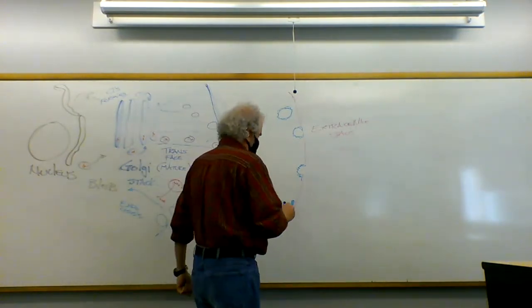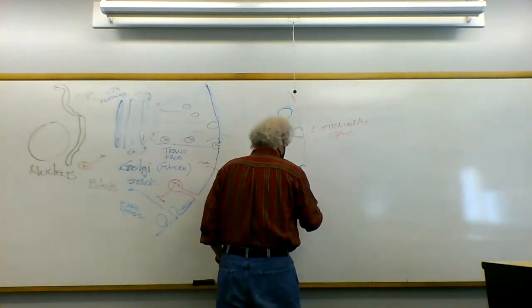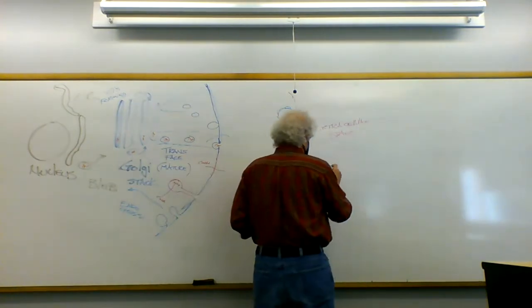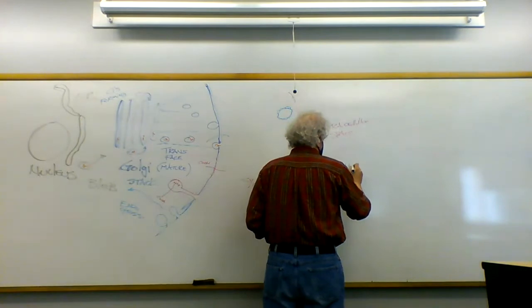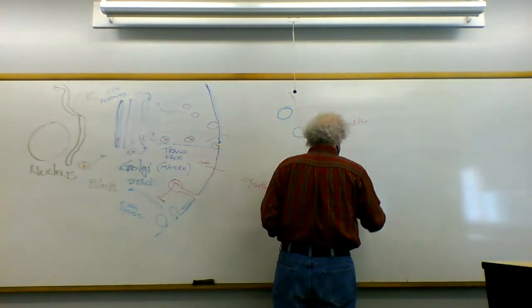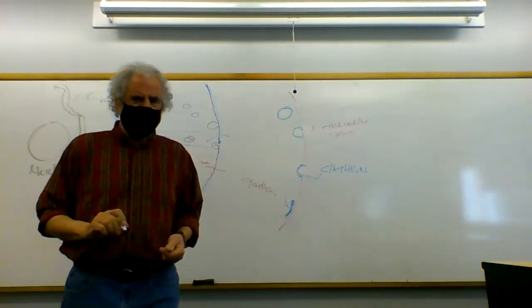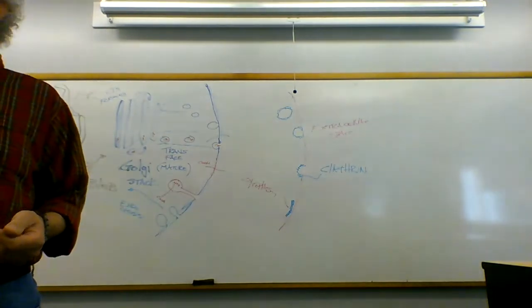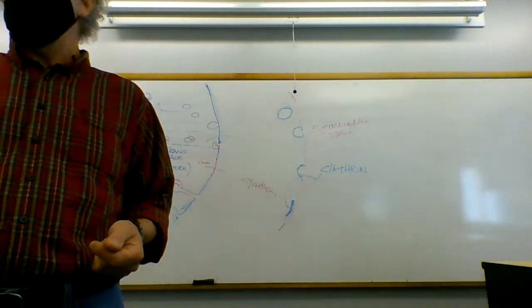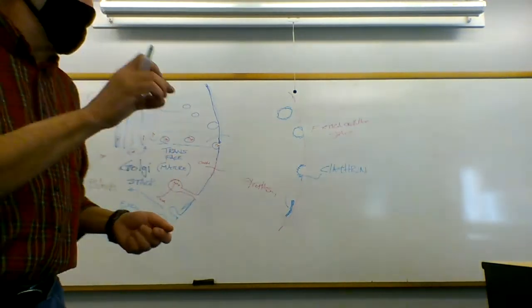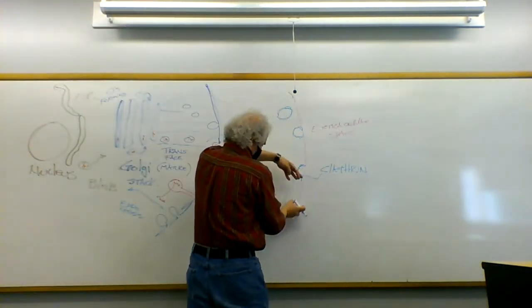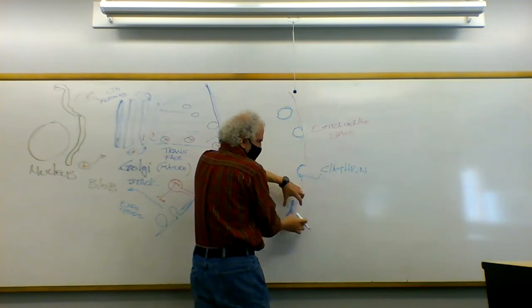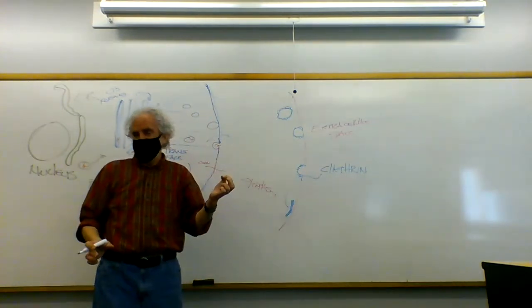One of the key proteins in this coating is a protein called clathrin, which would be an interesting name for your daughter, but maybe a better name for your cat. Clathrin is a protein that begins to form on the portion of the membrane that's going to get pinched in.